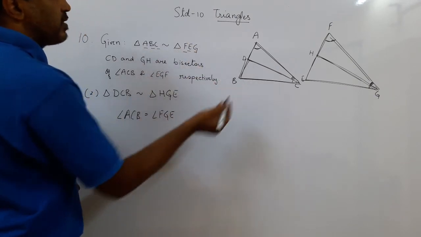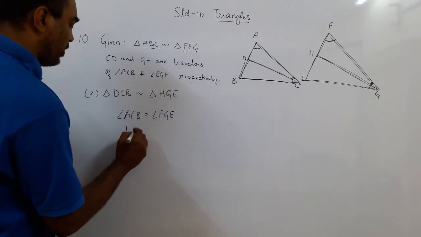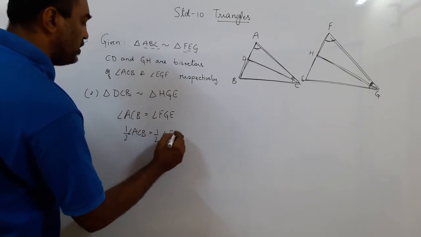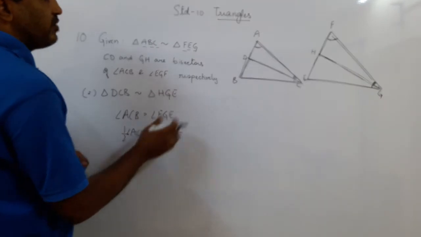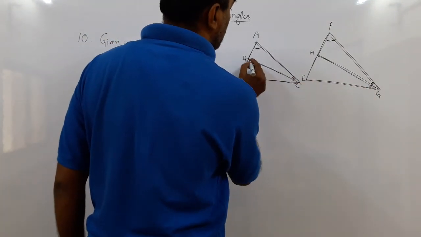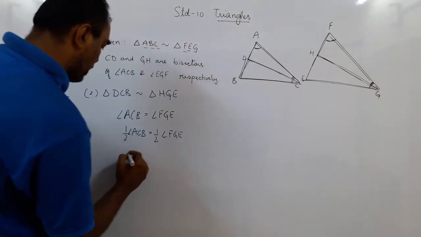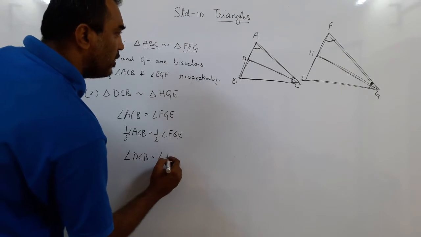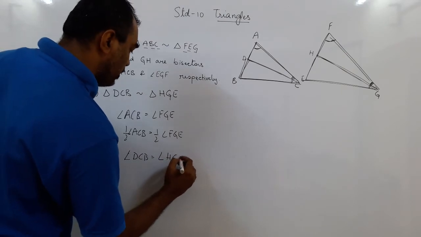Why? Because the triangles are similar. So half of ACB equals half of angle FGE. If the angles are equal, the half is equal, and the angular bisector cuts them into equal halves. So angle DCB equals angle HGE.